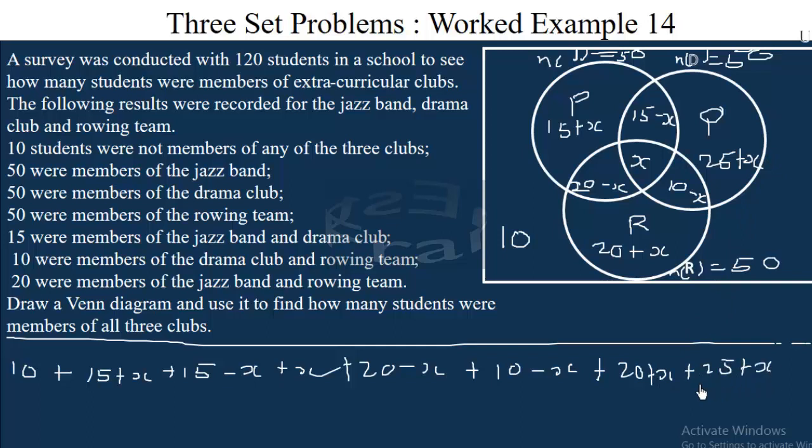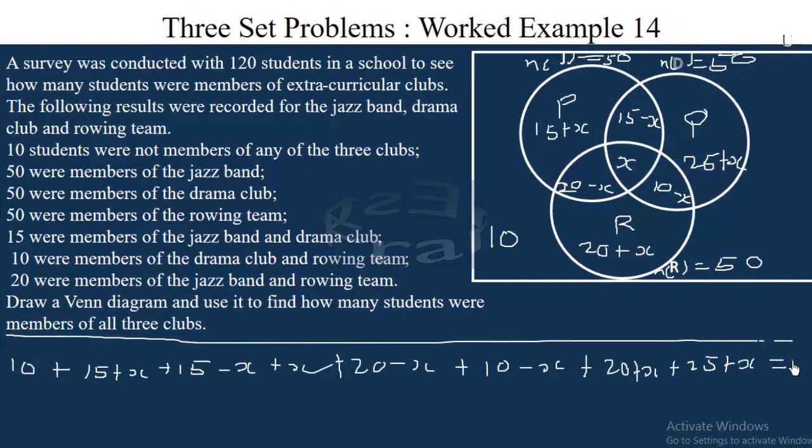So let's see whether we have 8 regions. 1, 2, 3, 4, 5, 6, 7, 8. Good. Now this should be equal to 120.